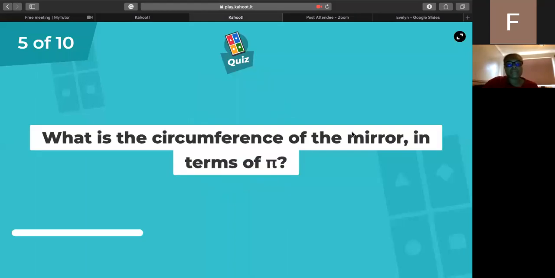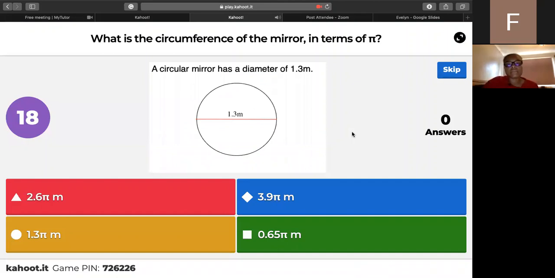What is the circumference of the mirror in terms of pi? So we have a circular mirror. The diameter is 1.3 meters. How do we work out the circumference? Remember the difference between the diameter and the radius.